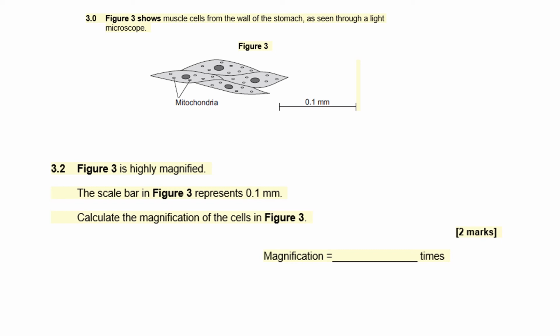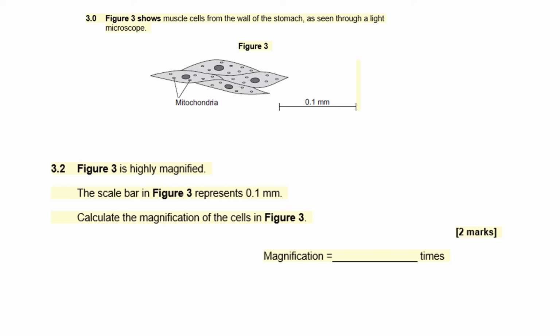If you were more precise and used the 39 millimeters, then it will give you 390. If you measured the bar off the screen, so if I measure this bar now off my laptop screen, I get 48 millimeters. So that would be 480.